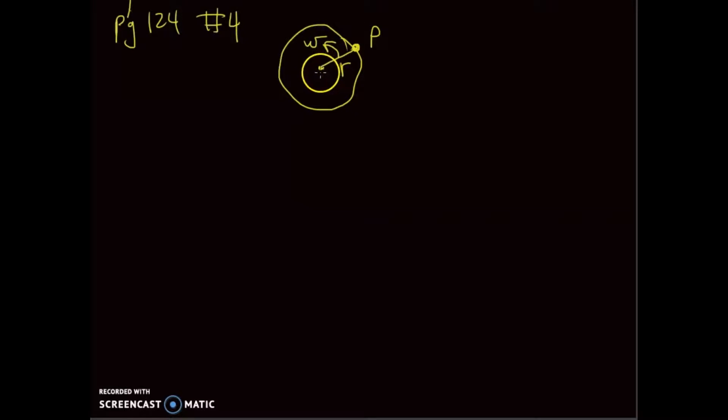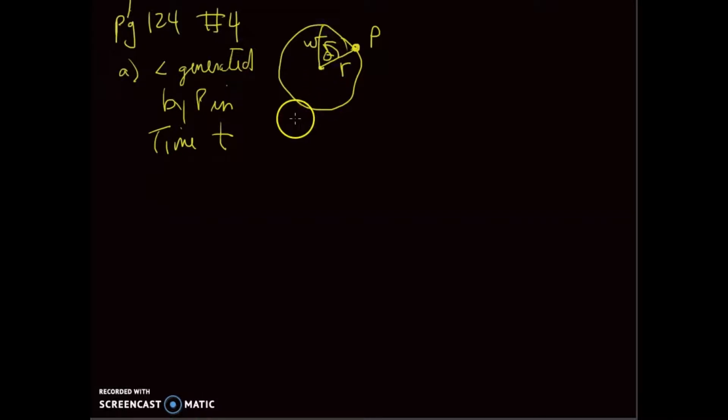For the given values of r, omega, and t, find each of the following. We're supposed to find the angle generated by P in time t. This is that angle, say right here, that theta. So what are they giving us for this?